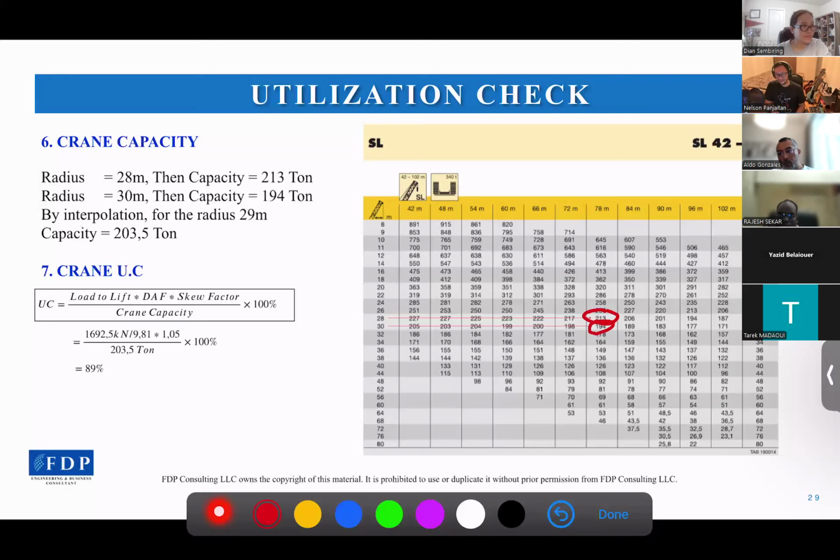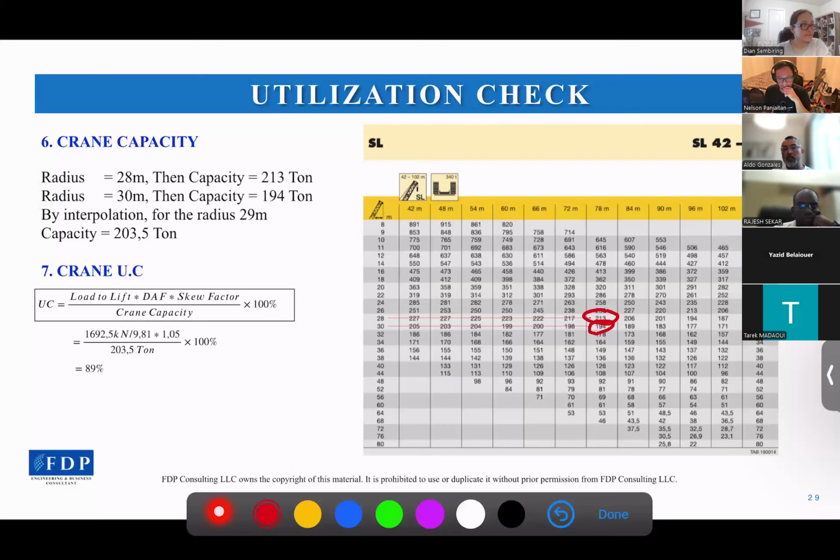Yes, one question. When you say that we have capacity 203.5, where is it coming from?